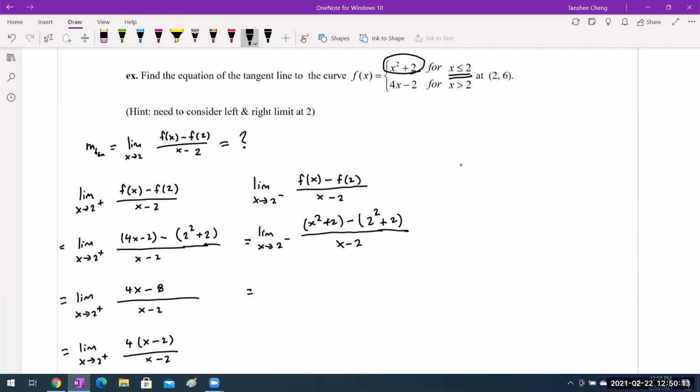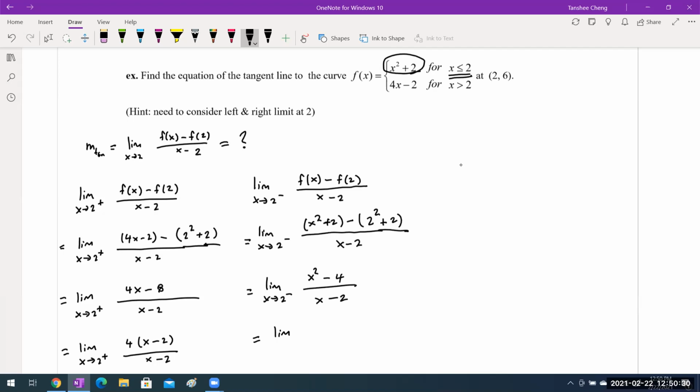So now this will help us get the limit as x approaches 2 from the left-hand side. 2 to the second power is 4 plus 2 is 6, so x squared plus 2 minus 6 will be x squared minus 4, all over x minus 2.